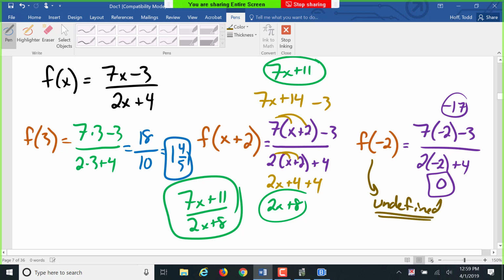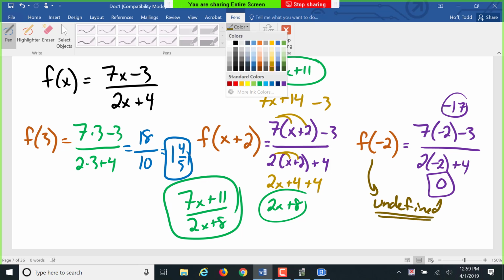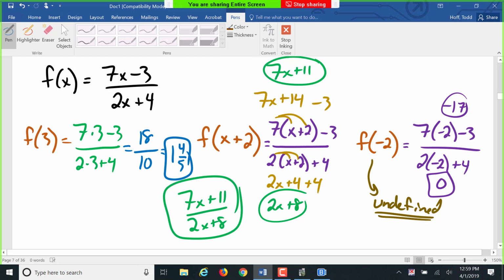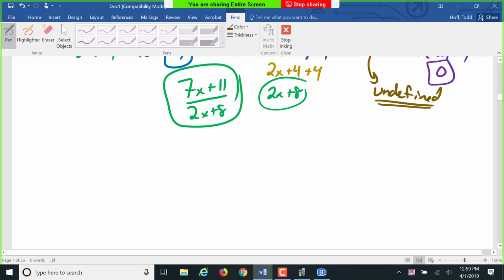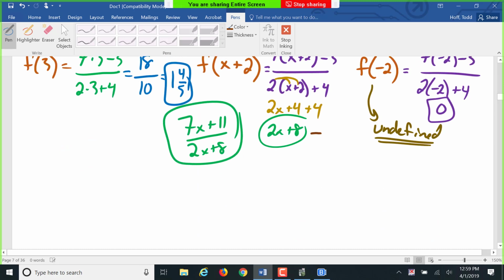It is undefined. And technically, if we go back to last week, the language we used for that is: negative 2 is not in the domain.